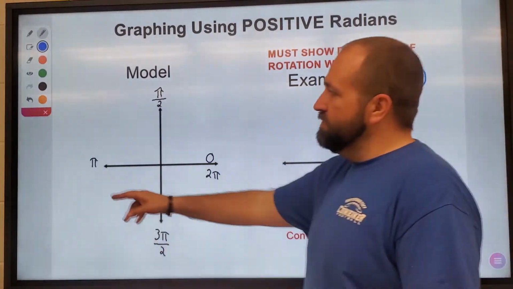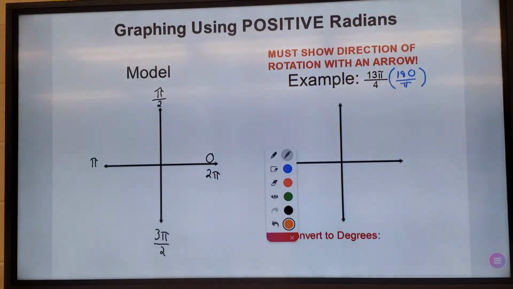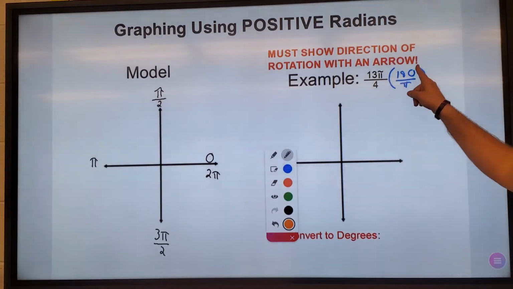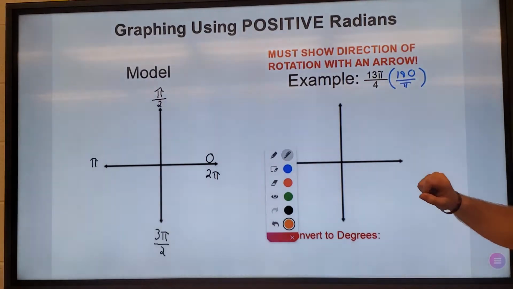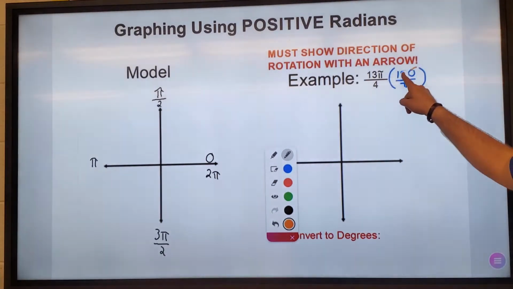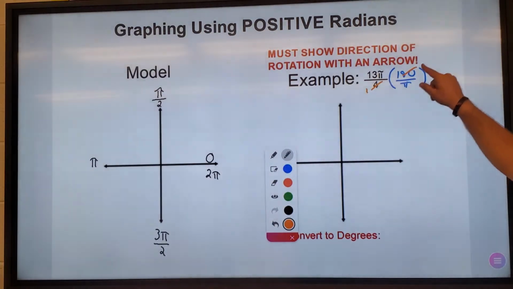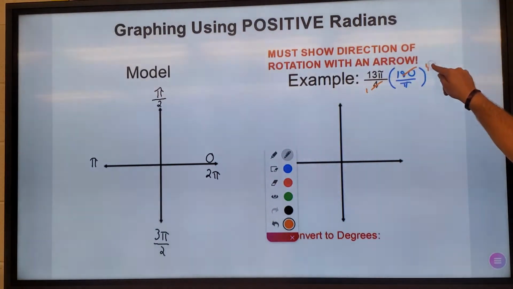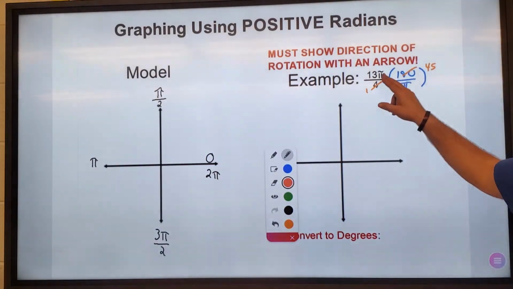And the reason I give you something like this is, again, because this is a non-calculator portion of the test. You should be able to take 180 divided by whatever this number is fairly nicely. If I take this and reduce, this gives me 1, and this would give me 45 degrees. My pi's also cancel out.